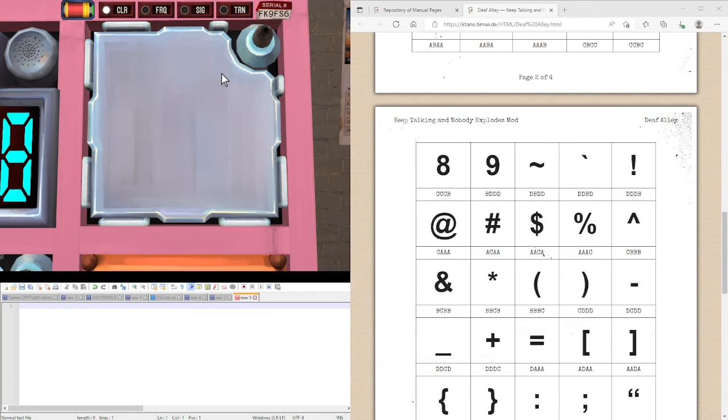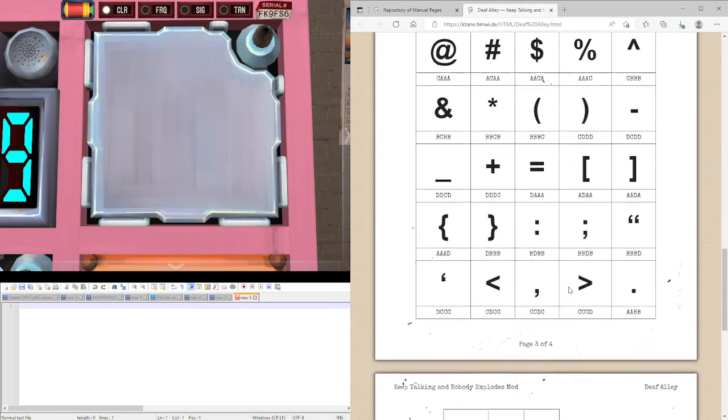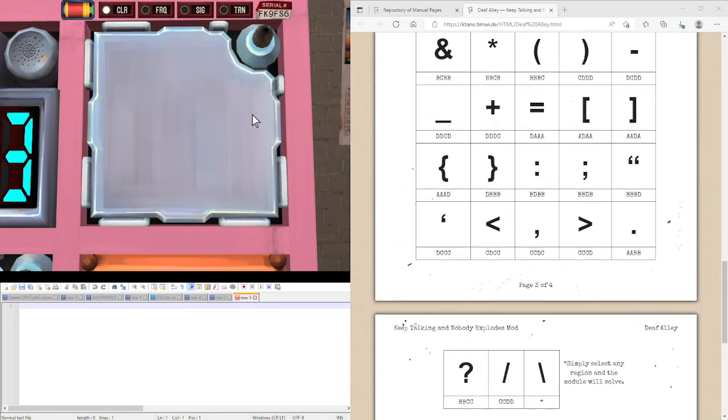So it could be the hashtag, so... But we know it can't be because it's not like a second diagonal line over here. We have an entire line here.